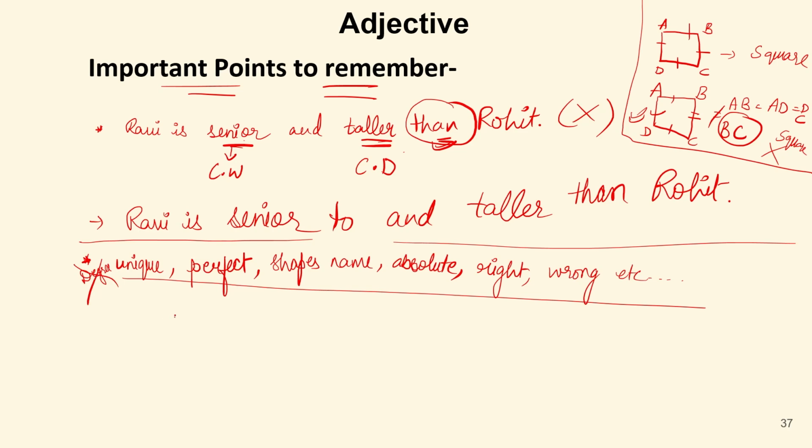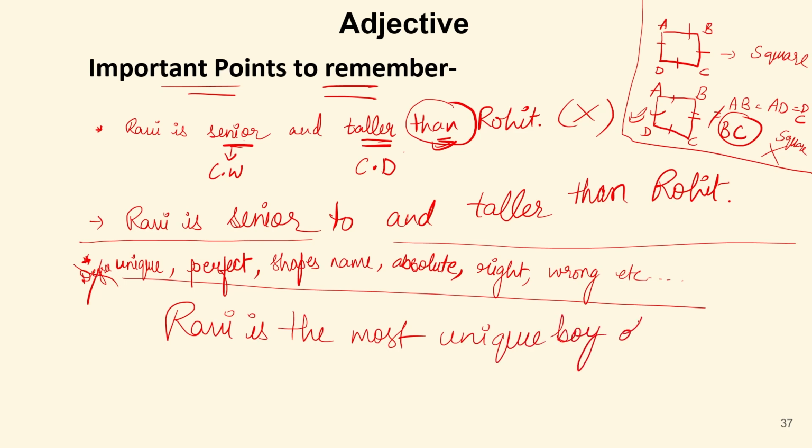Now, if I say Ravi is the most unique boy of his class. In this sentence, we see the word unique.